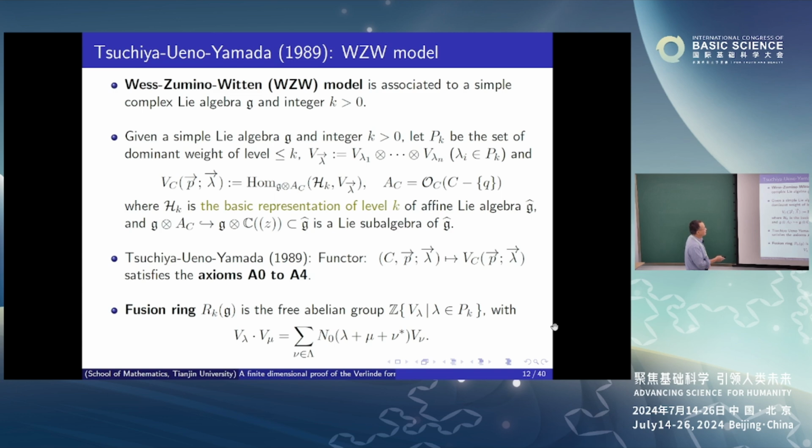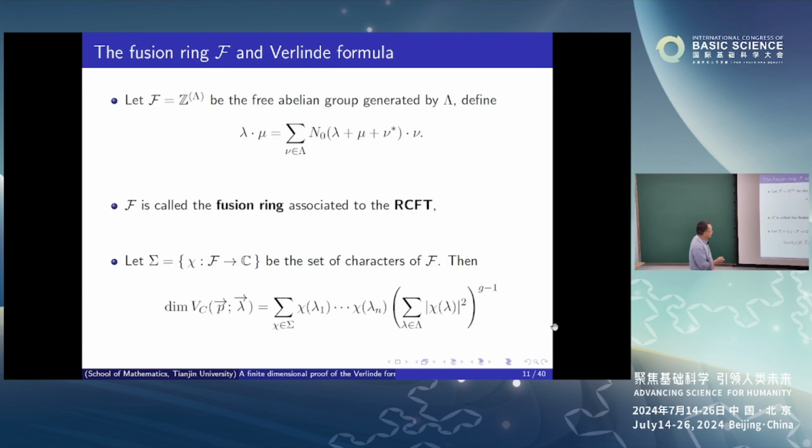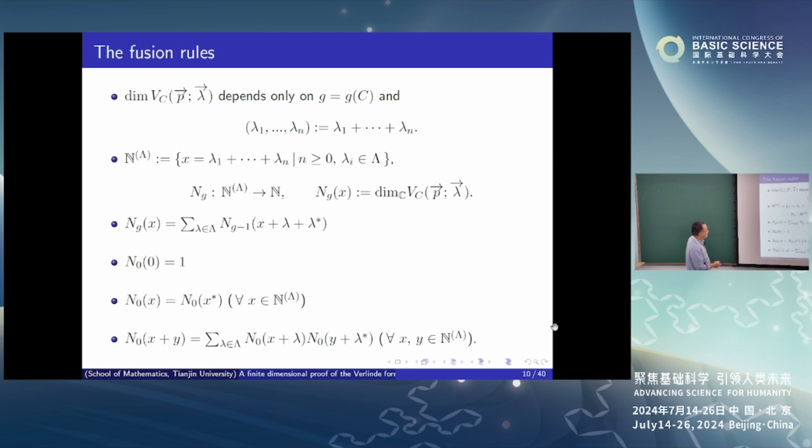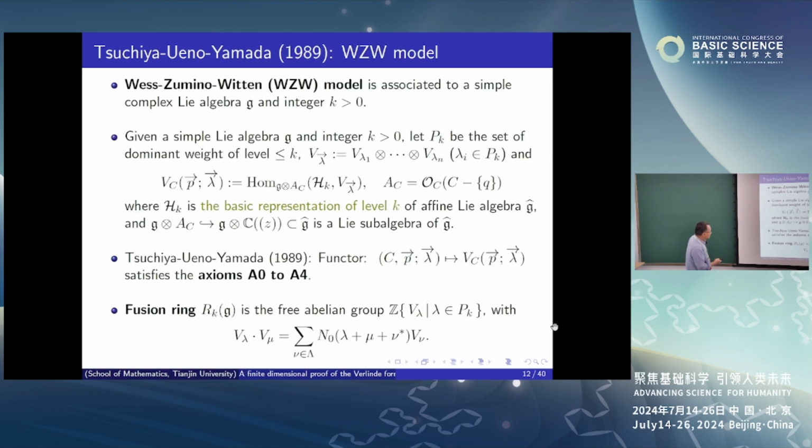If you are given a simple complex Lie algebra and an integer k, then, using the representations of this Lie algebra, you can get such an association. This in fact becomes some kind of representation of the algebra. This paper has been quite famous; it proved that this association satisfies this requirement.